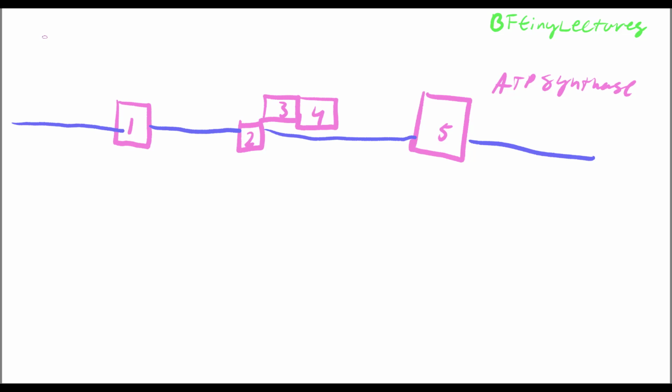Okay, so this is outside the membrane, and this is inside the membrane. And what happens here is that NADH is going to essentially touch this complex, and is going to generate hydrogens, okay?